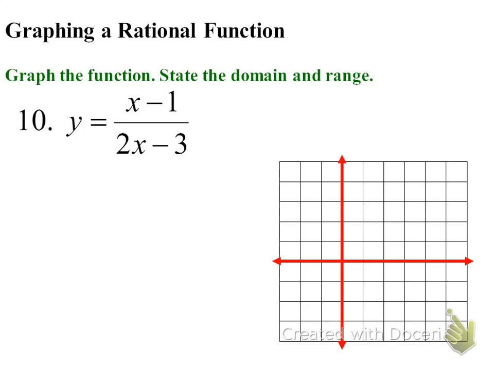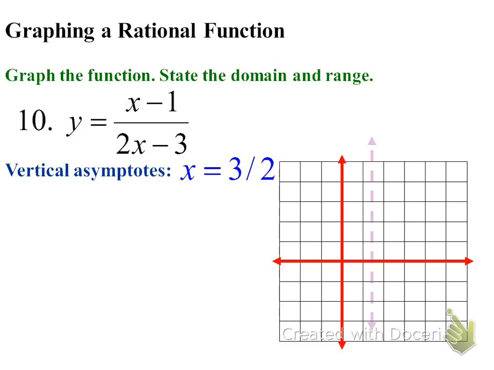All right, here's our last example for today. First thing I want to look at is the vertical asymptote. Remember, that's whatever makes your denominator equal to 0. What would make this equal to 0? 3 over 2. Good.